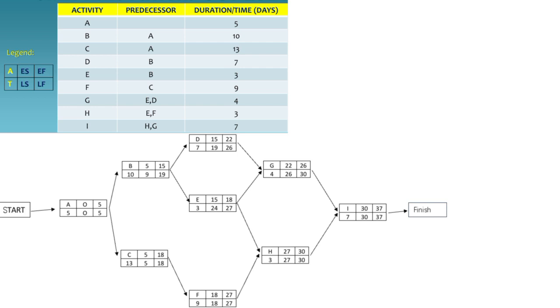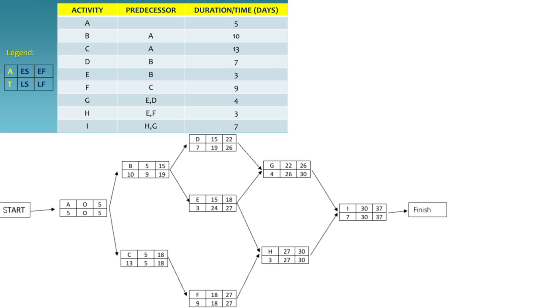Activity D. The late finish for activity D is the late start of its immediate successor, which is activity G with late start of 26. The late start for activity D is calculated as LS equals LF minus duration, equivalent of 26 minus 7 equals 19.